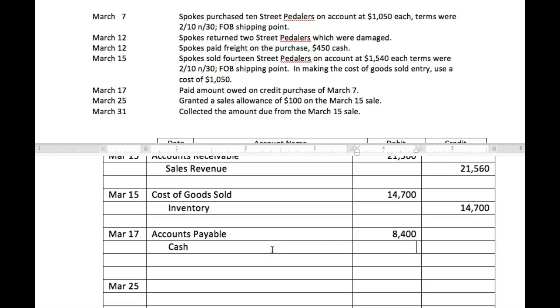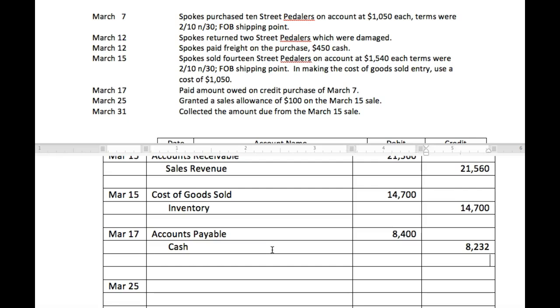So I'm going to go down here and figure out how much I owe in cash. Remember, we get a 2% discount. So if we take that $8,400 and multiply it by 2%, we get to reduce the amount we pay by $168. So if you take $8,400 minus $168, you get $8,232. That's the amount we actually need to pay for our goods.